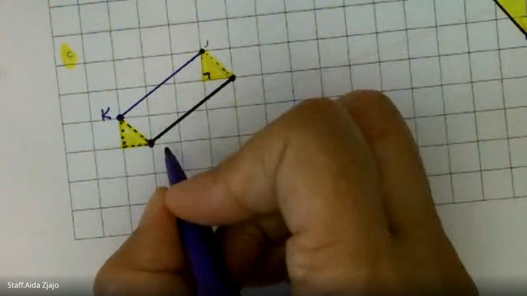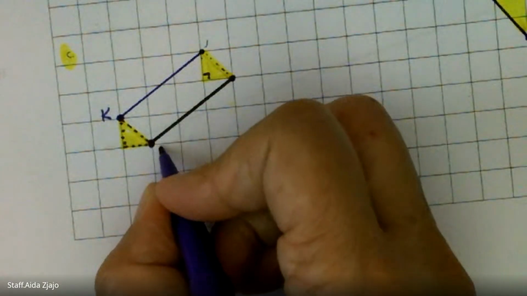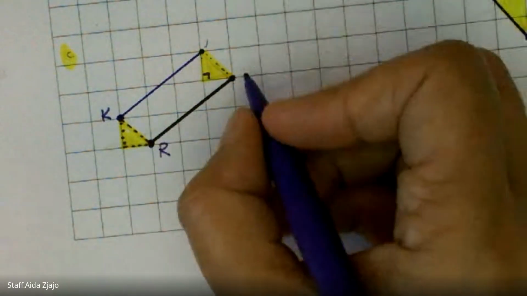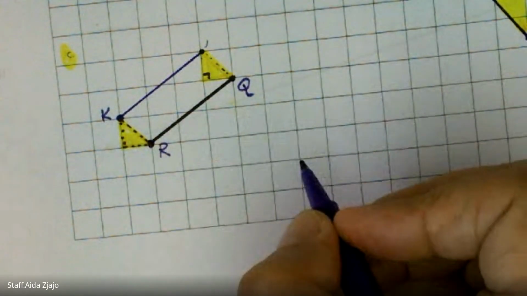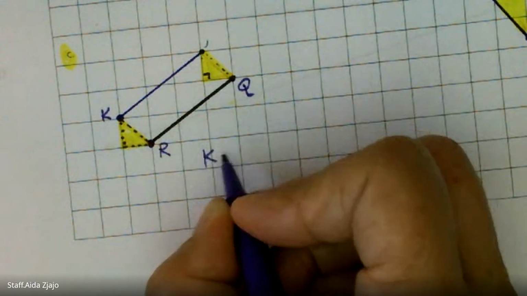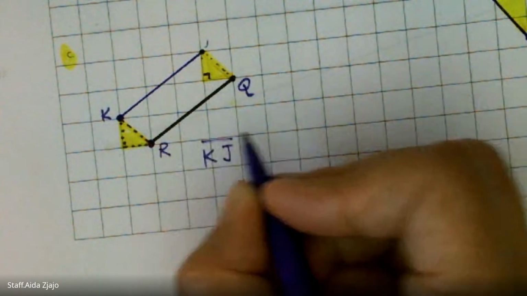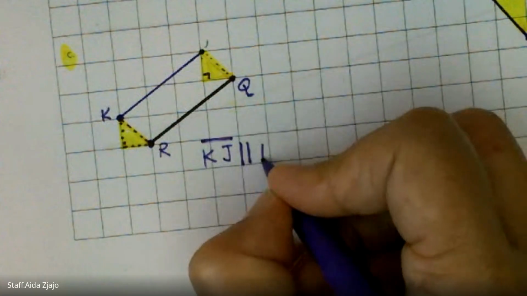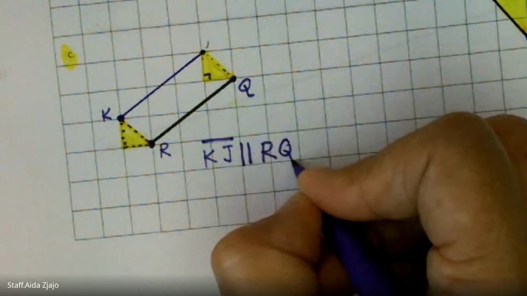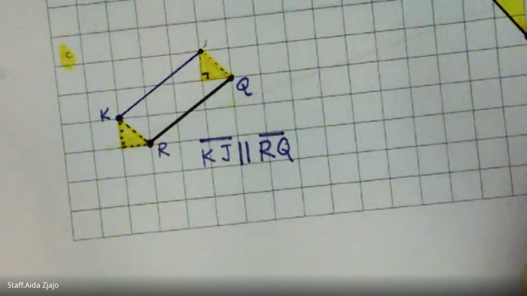I can also label these differently, like KJ, R, Q. So then now you will have KJ line segment is parallel to RQ line segment.